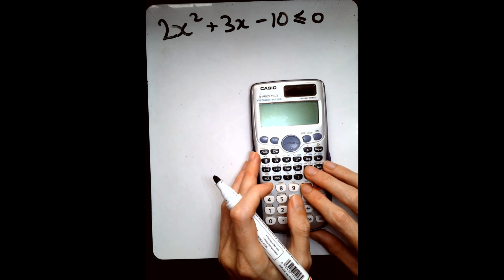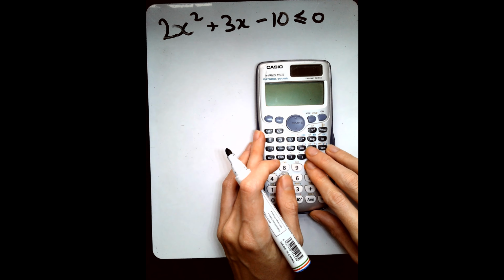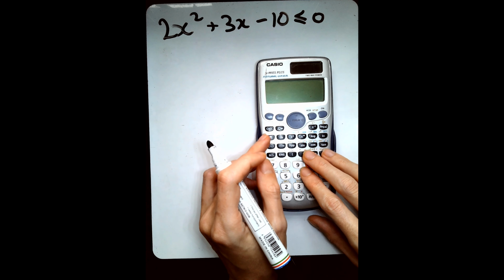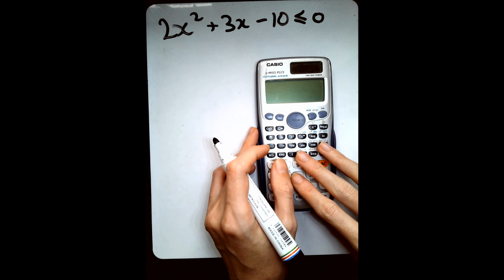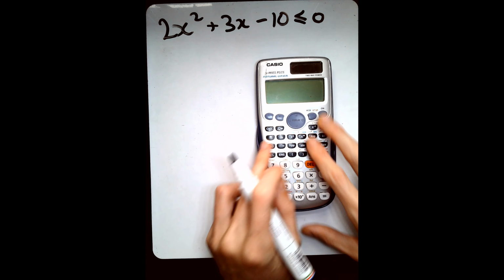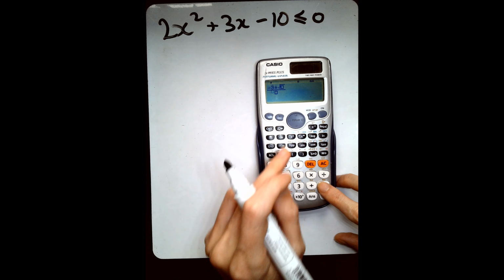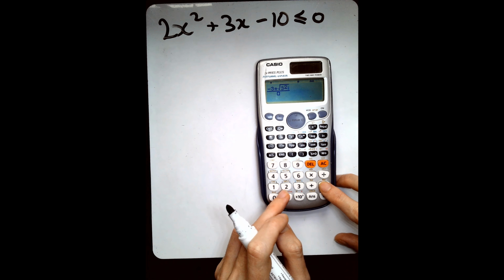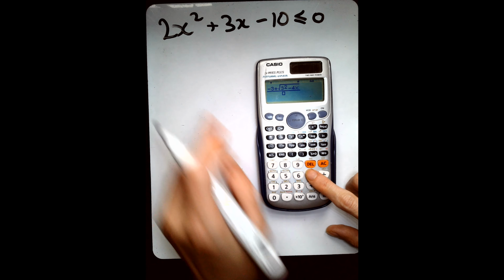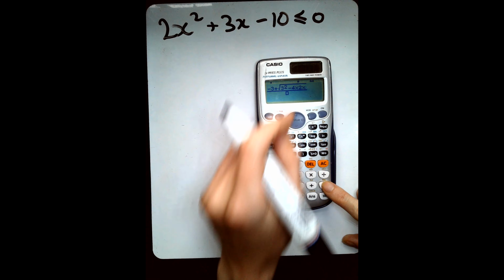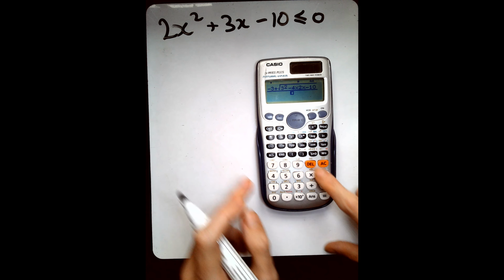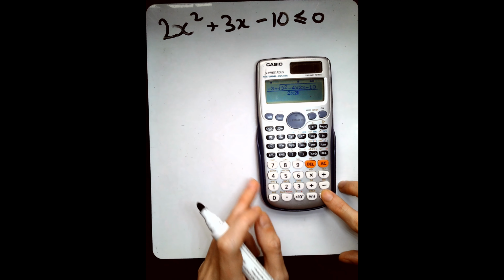I need to just make sure it's got solutions, and if it's less than or equal to 0, we're going to need it to have two solutions. So we'll use the quadratic formula. So minus b, so minus 3, plus or minus the square root of b squared, 3 squared, subtract 4 times a, which is 2, times c, which is negative 10, all divided by 2a, so 2 times 2.